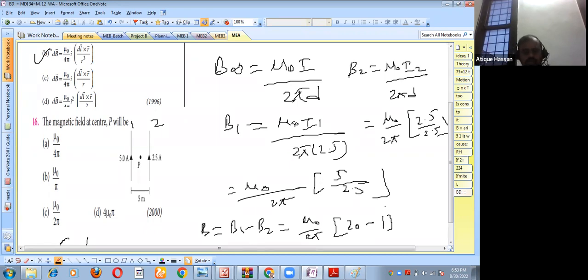So it will be equal to mu naught by 2 pi into 19. How is 19 coming? Mu naught by 2 pi d.